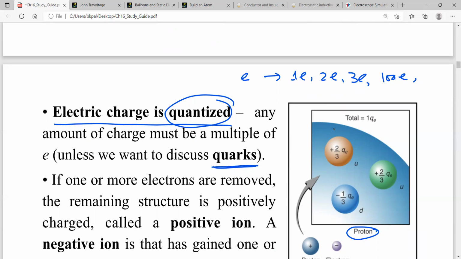But yes, less than this charge is possible when we break a proton or a neutron. A proton is made of two up quarks and a down quark, whose charge is less than the electron charge. But as I mentioned, we are not going to learn this. So for our case, electric charge is quantized, and the smallest possible charge is the electron or proton charge, and that's why we call it the elementary charge. All other charges are integral multiples of the electron or proton's charge.